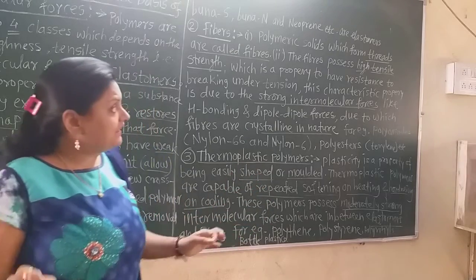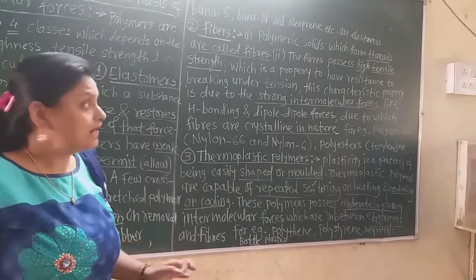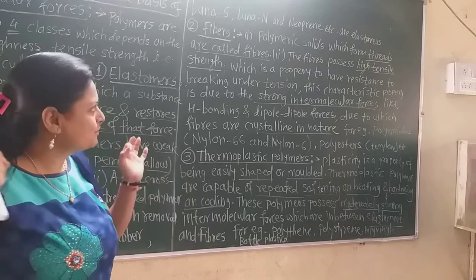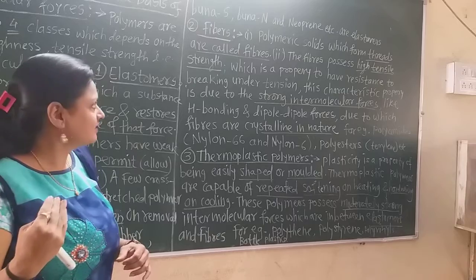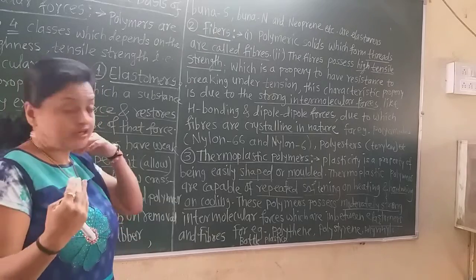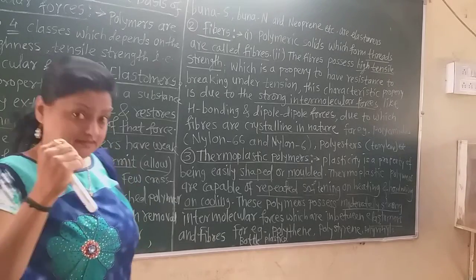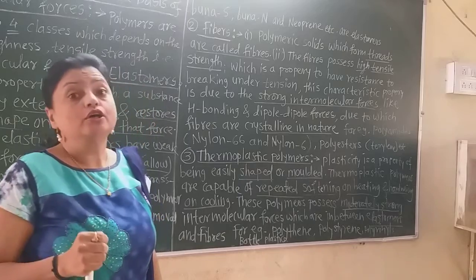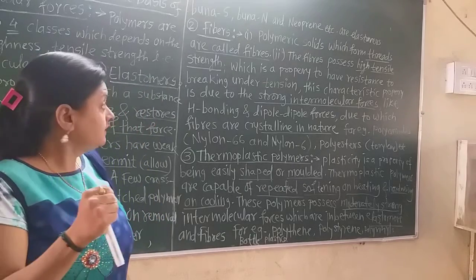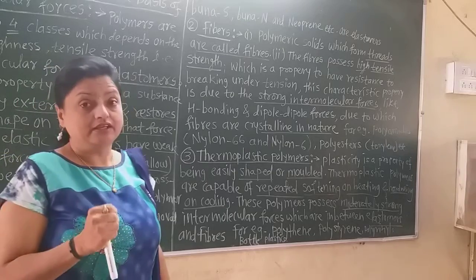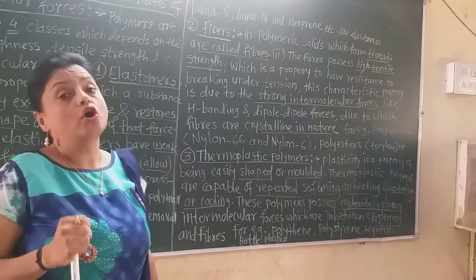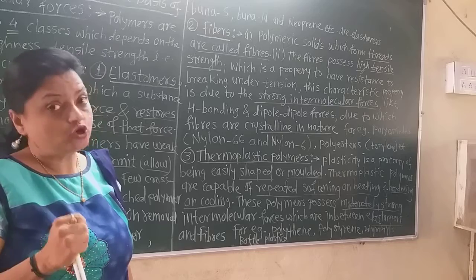This property, that the fiber has high tensile strength, is the property of resistance. Resistance means not breaking; they are capable of sustaining tension. There is no breaking on stretching the fiber.